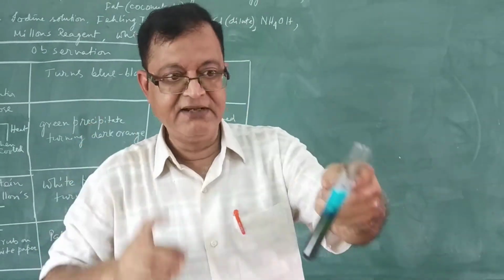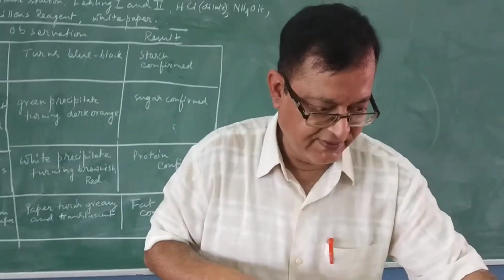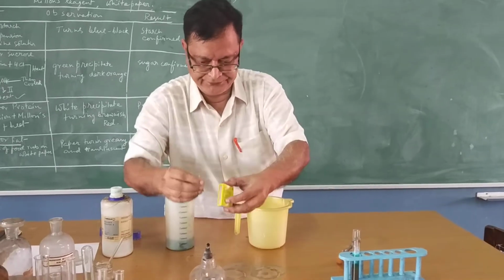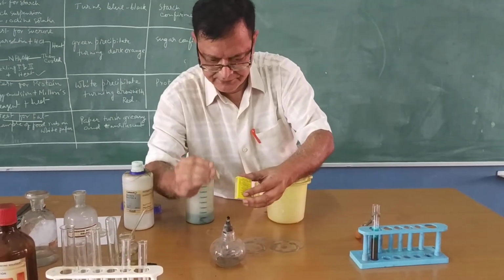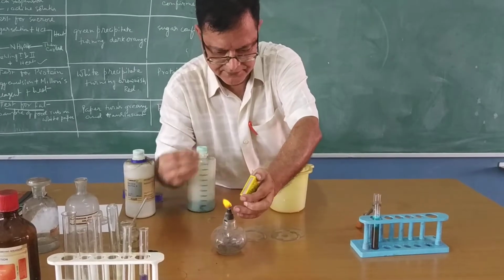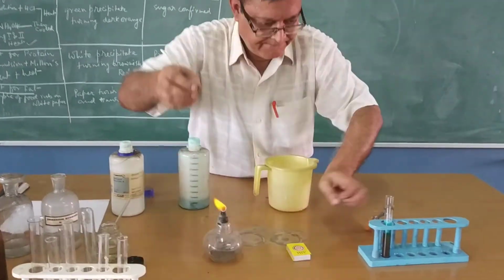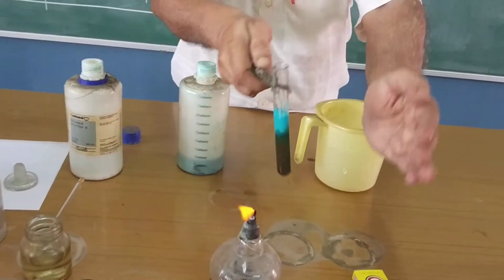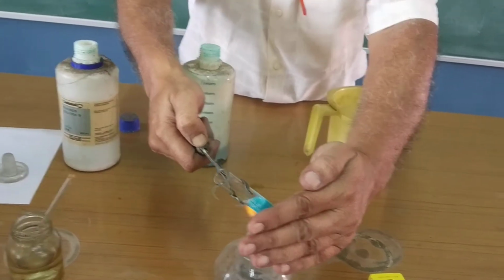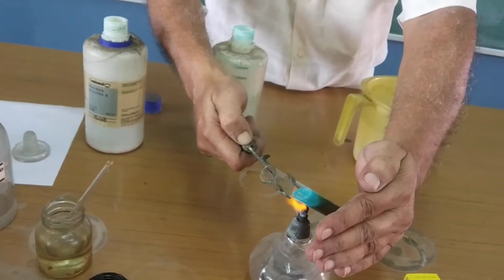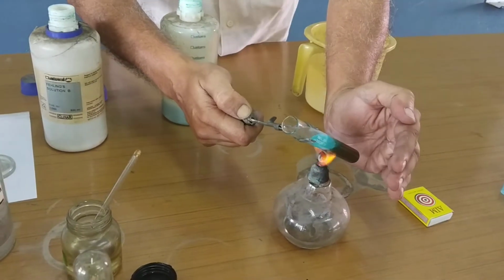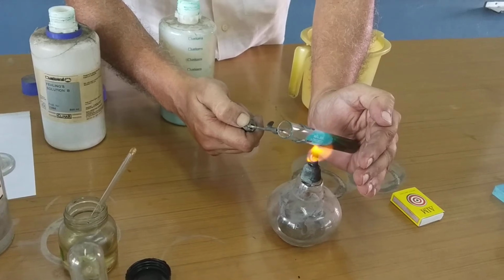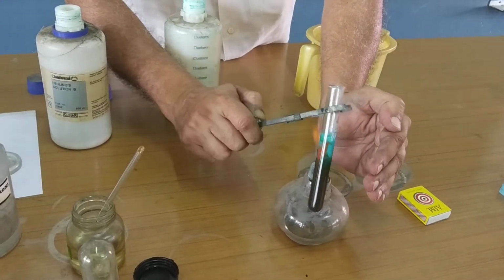And when it is green precipitate, now again we will heat it. So I burn the spirit lamp again. When we heat it, it will slowly change its color. We'll heat this green precipitate. Just a little wind is coming, so it will take some time.